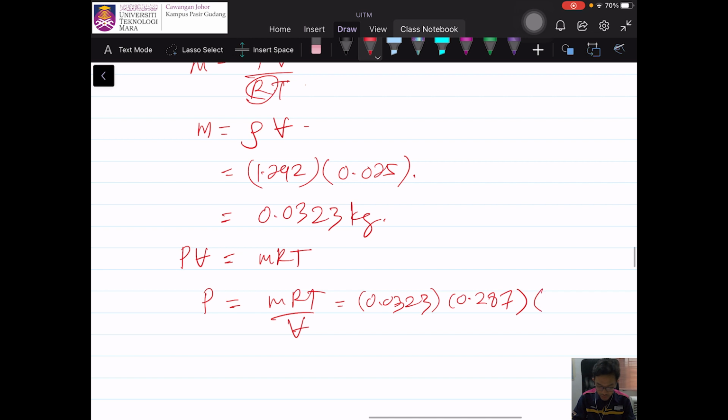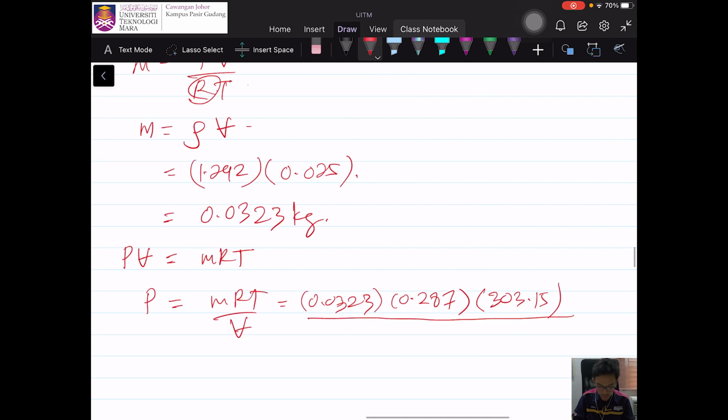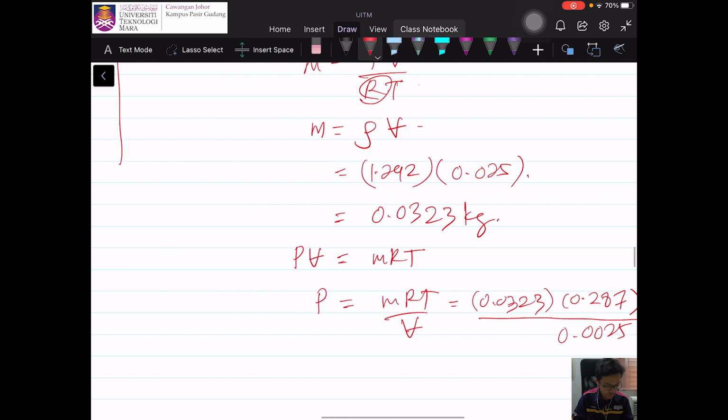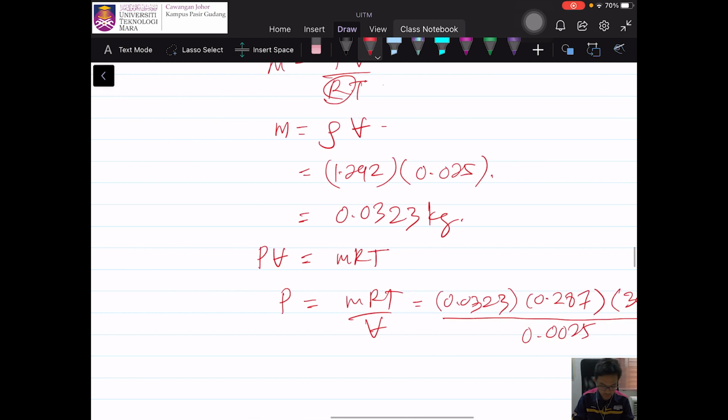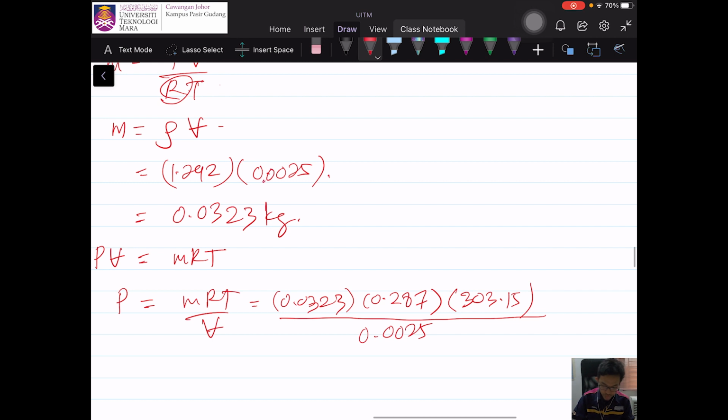And then you have a temperature, then divide by your volume. Your volume is 0.0000025, I think, 0.0025.